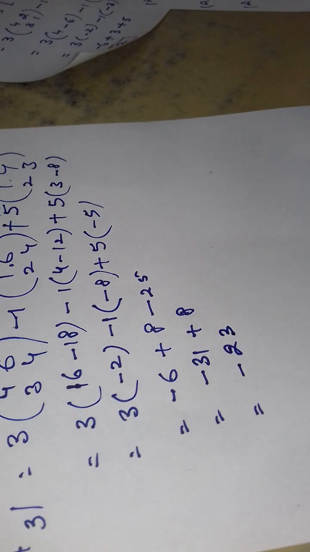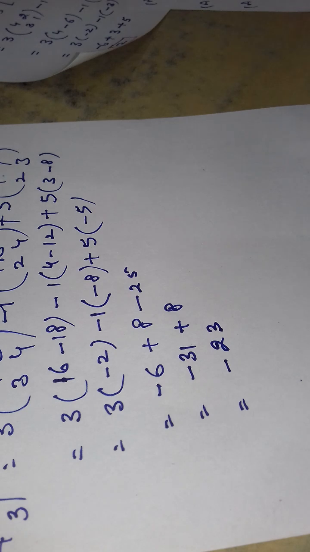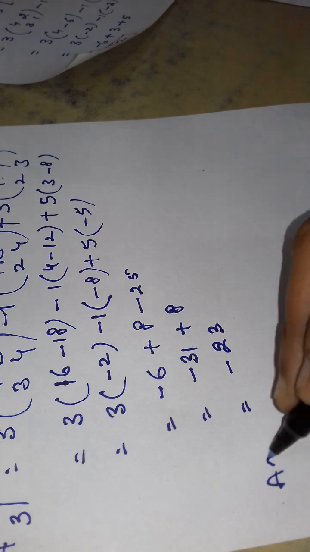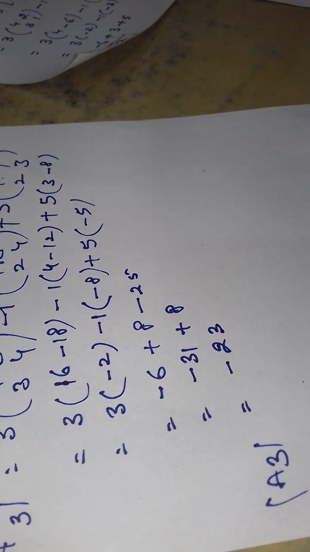I'm circling it out: the A3 determinant is minus 23.